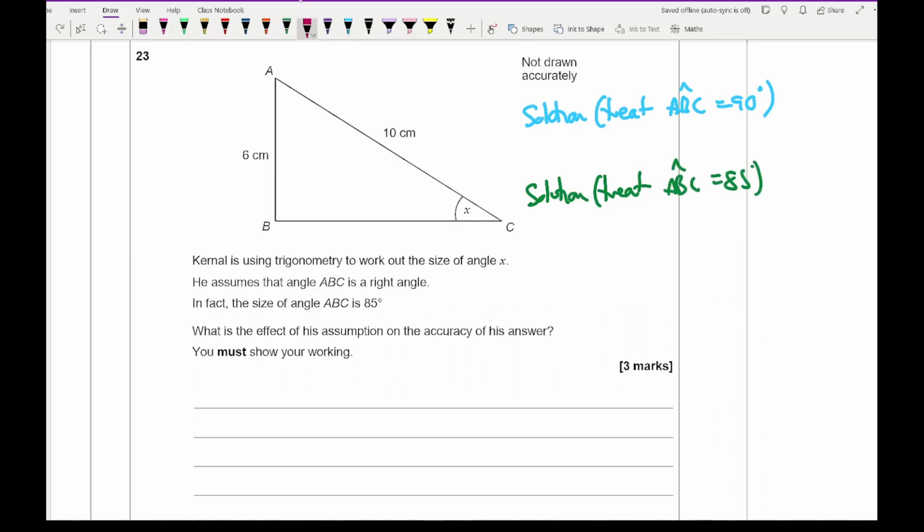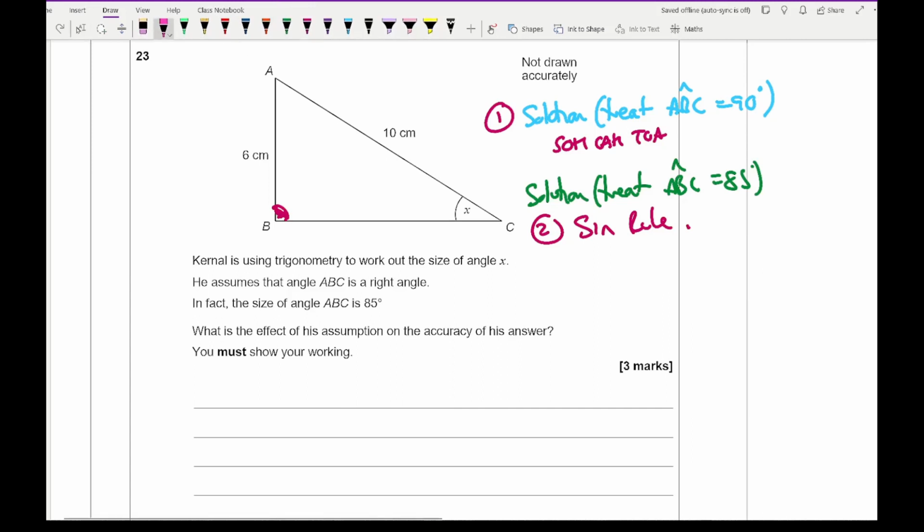Now this first one is going to involve SOHCAHTOA trig. And this second one, as we know this angle here, is going to involve the sine rule, which makes sense, as you can see from the position of this question in the exam paper.